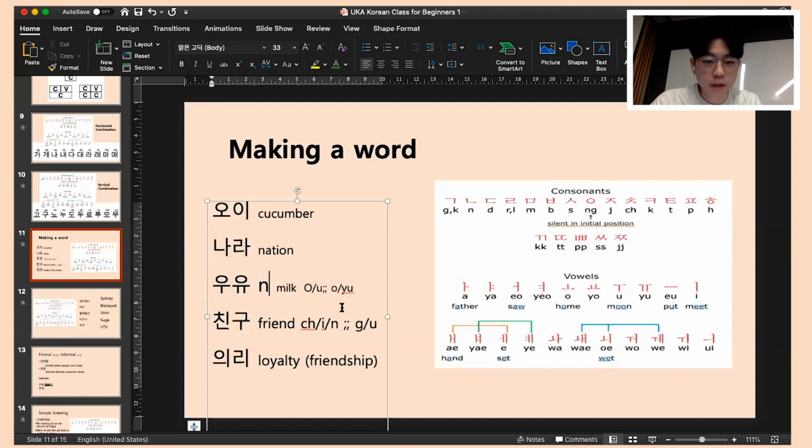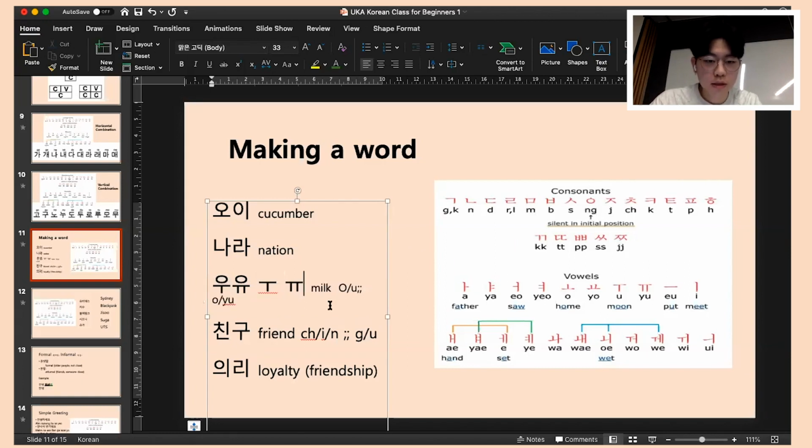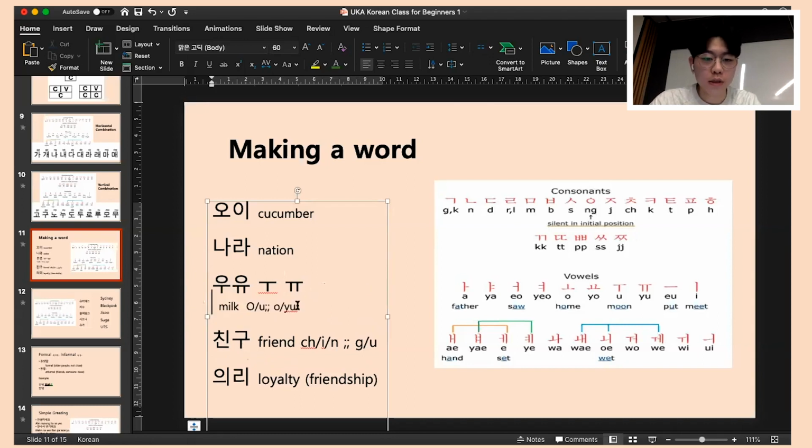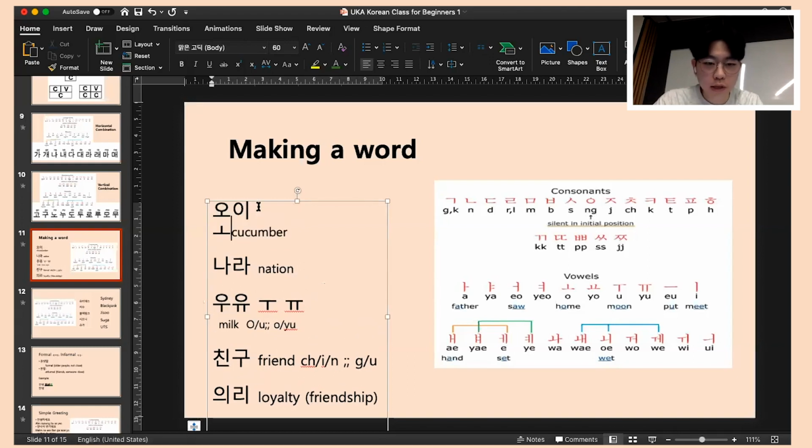So if you read this, it would basically sound the same. So think of this as an English O or as a silent consonant. Like this one, or E, which is cucumber.